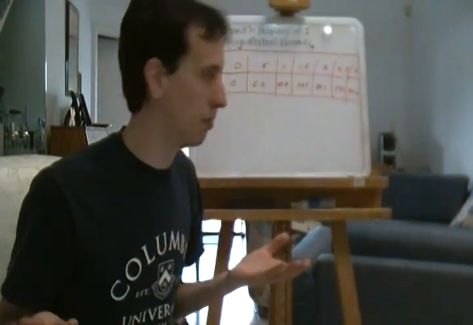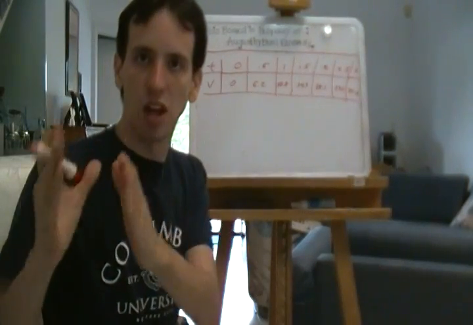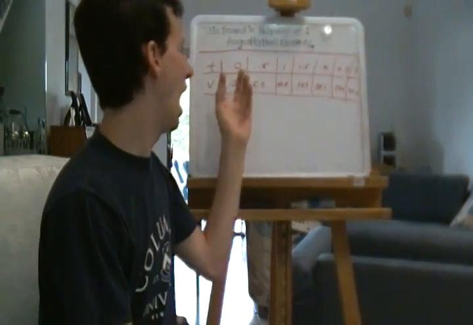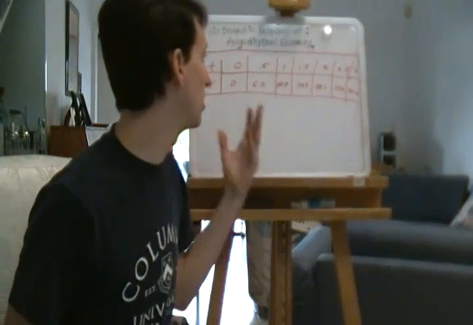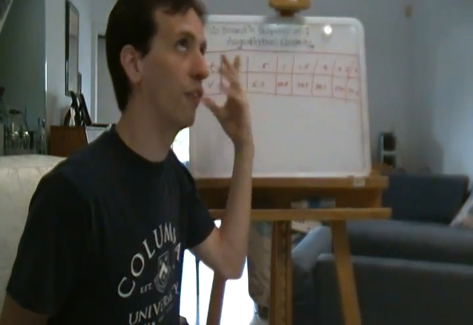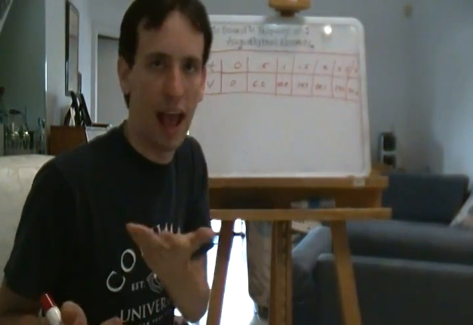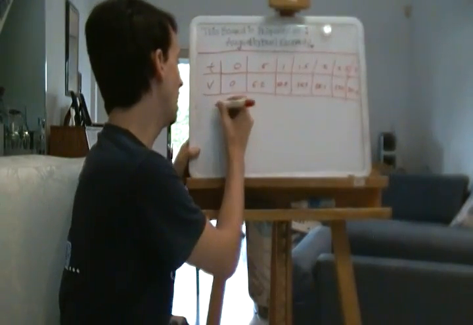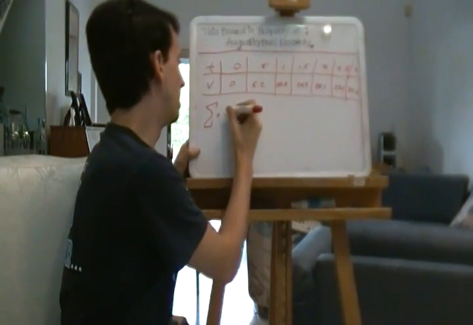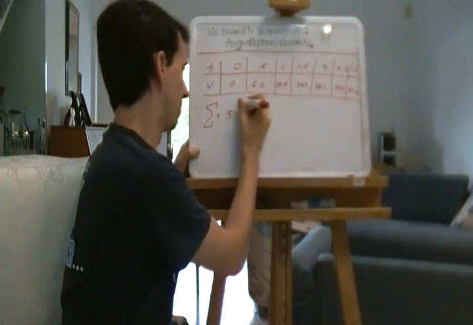So what's delta t? Well, delta t is the change in the interval, or how long each interval is. In this case, each interval, 0 to a half, a half to 1, is pretty easy to see that delta t is 0.5.